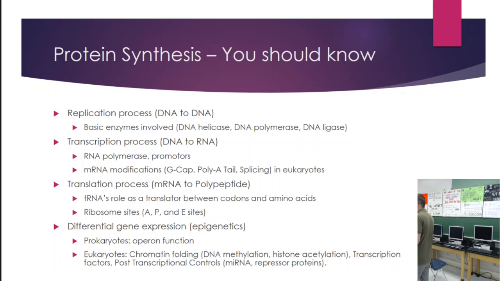Translation is the next step. Once it goes out into the cytoplasm, it's going to get translated. How does it get translated? Well, tRNA is going to be the translator. tRNA is going to float around in the cytoplasm, and a specific tRNA molecule that has a specific anticodon on it is going to hook up with a specific amino acid, right? There are a whole bunch of different tRNA molecules, because there's going to be one for each unique anticodon.